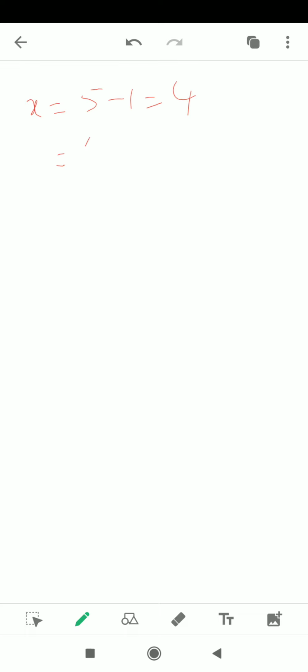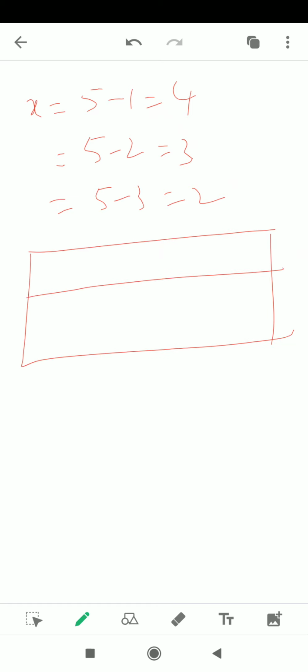And then 5 minus 2, that is equal to 3. Then 5 minus 3, that is equal to 2. So this is x, this is y. y is equal to 1, 2, 3. This will be 4, 3, 2.